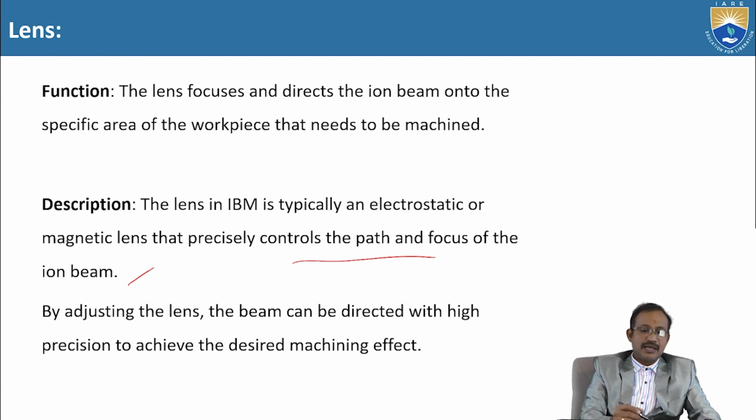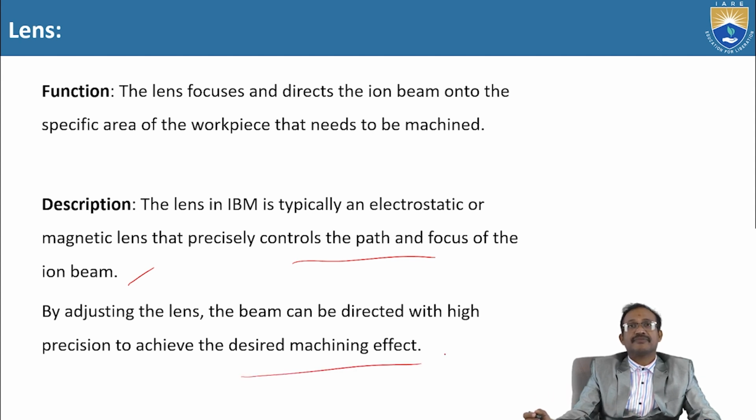By adjusting the lens, the beam can be directed with high precision to achieve the desired machining effect. So we have to adjust and deflect the lens in order to have a controlled, directed beam onto the workpiece material to machine it.